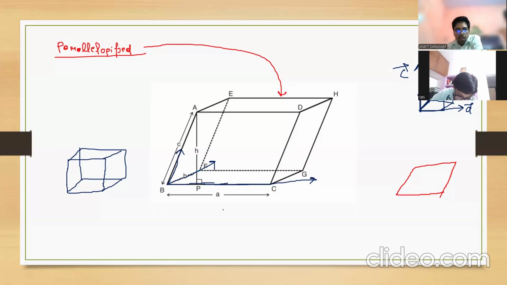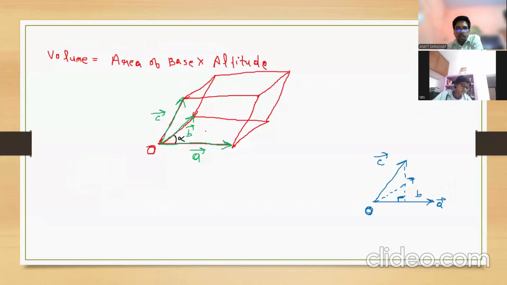Again, let me show you what I mean. This is the area of the base. This is the A vector, this is the B vector, and the C vector is like this. Clear?